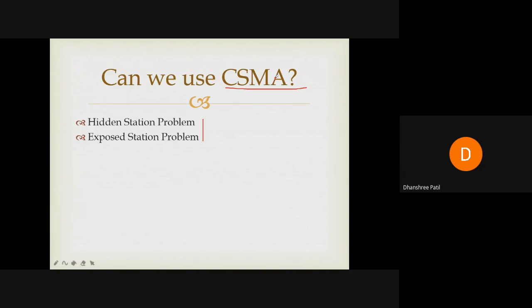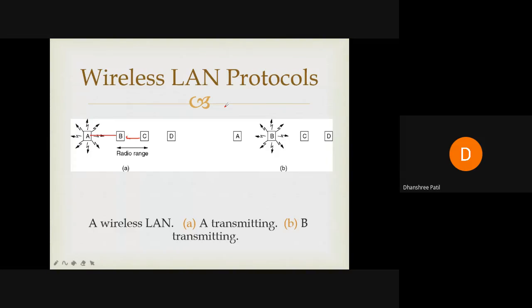So can we use the same CSMA concept in the wireless LAN also? The answer is no, we can't use it. Why? Because CSMA only checks the channel or the medium. To clarify this, we'll see two types of problems if we use CSMA in the wireless LAN.